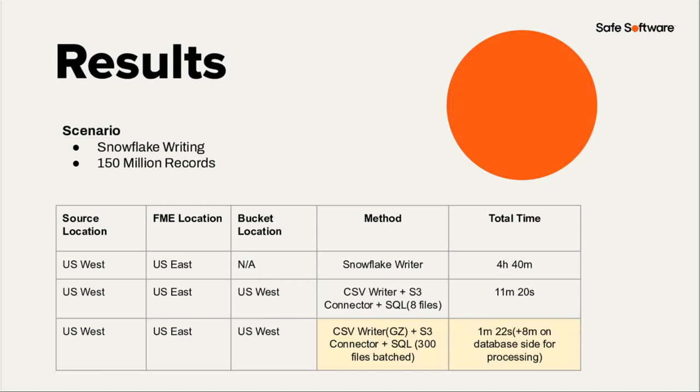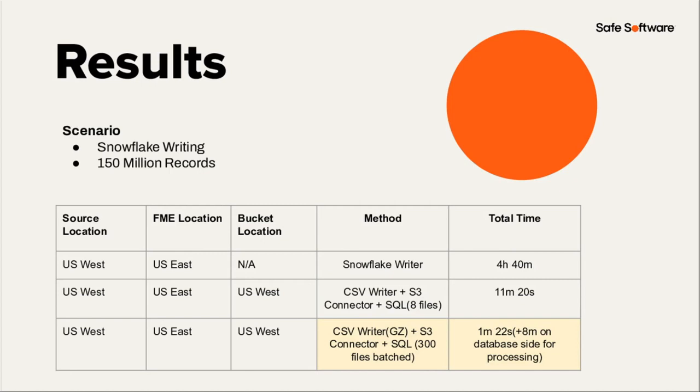Now the second workflow, which is really where I started to see the performance gain, I used a CSV writer, wrote them as a compressed file, uploaded to the S3 connector, and then used some SQL to ingest that directly to the table. That took about 11 minutes and 20 seconds.